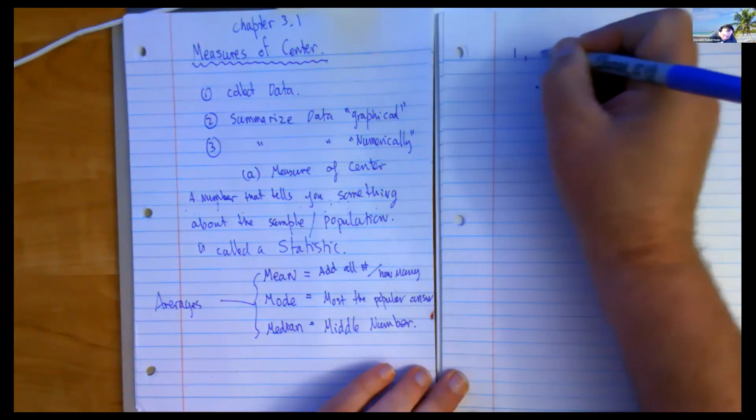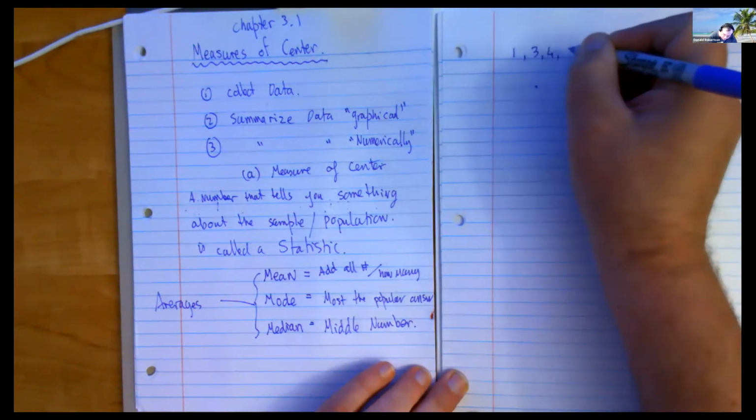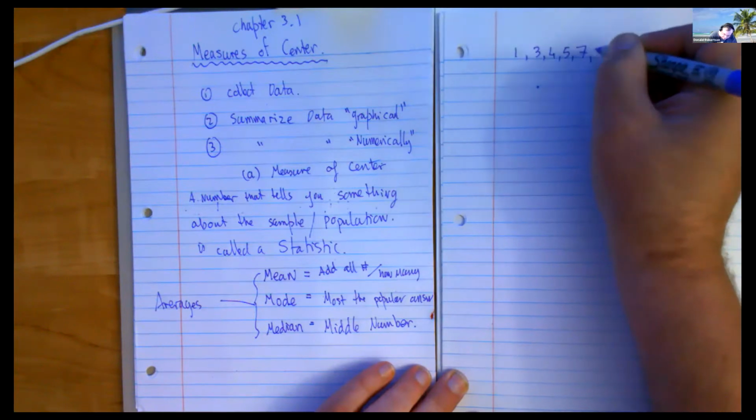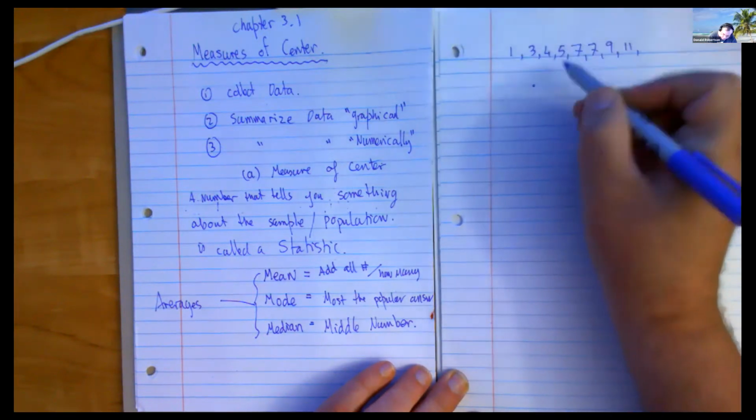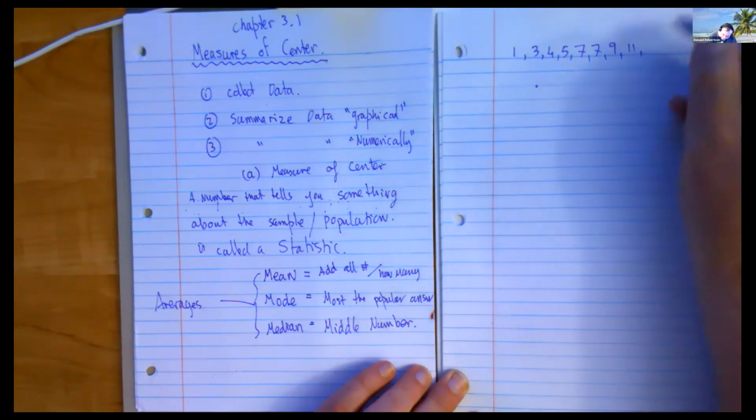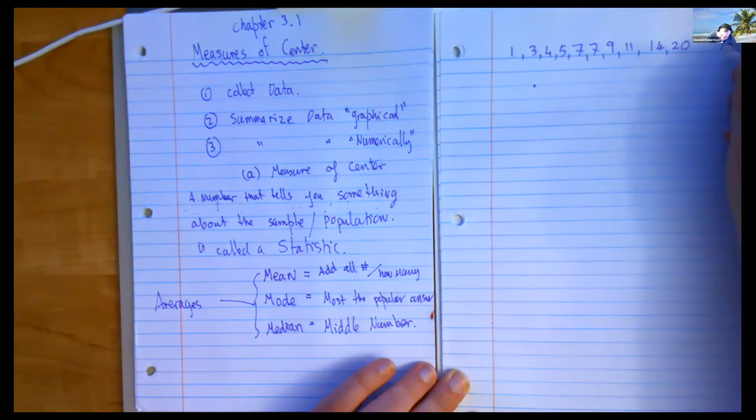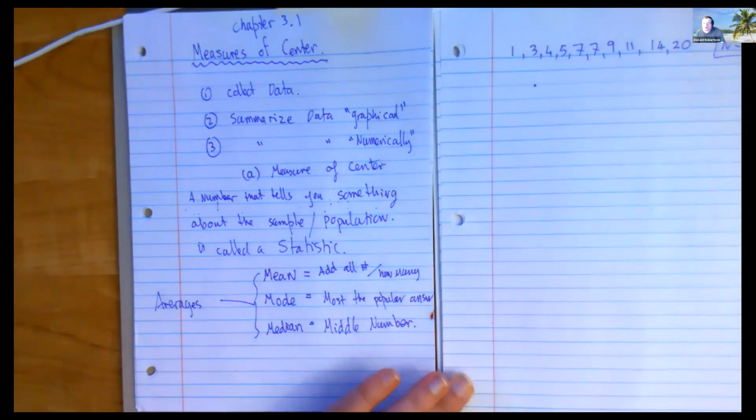Let's suppose I have some data: 1, 3, 4, 5, 7, 7, 9, 11, 1, 2, 3, 4, 5, 6, 7, 8, 9, 10. So I have a sample of just 10 people, right? 10 ages, 10 numbers.